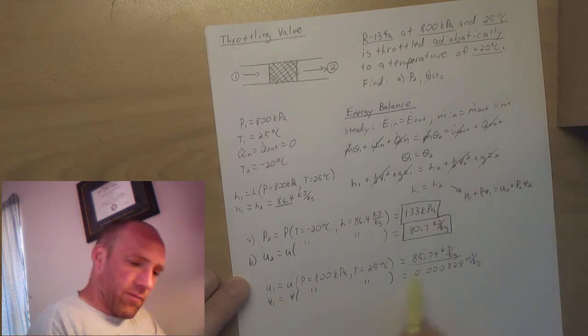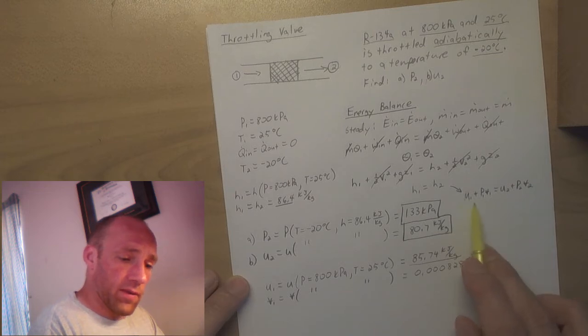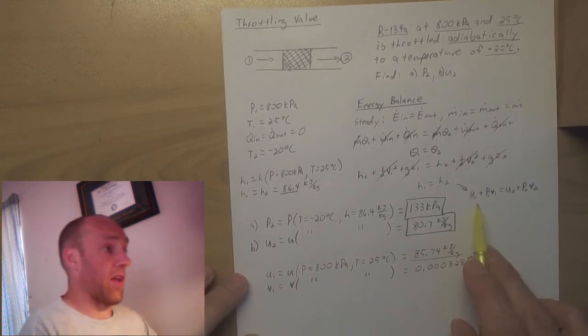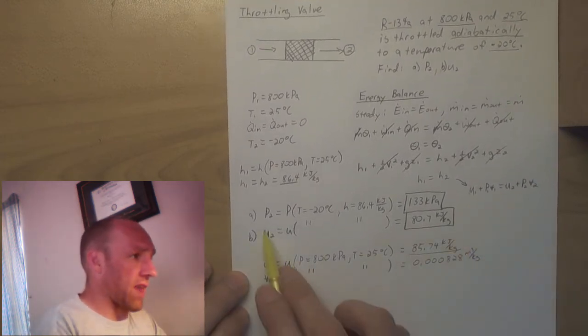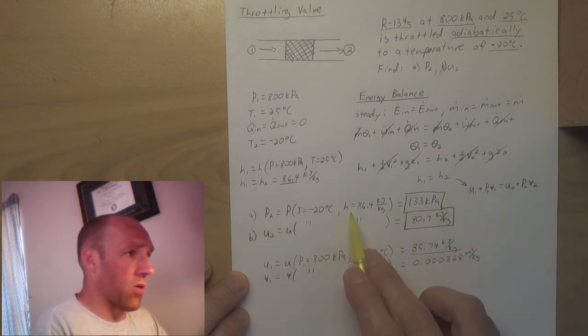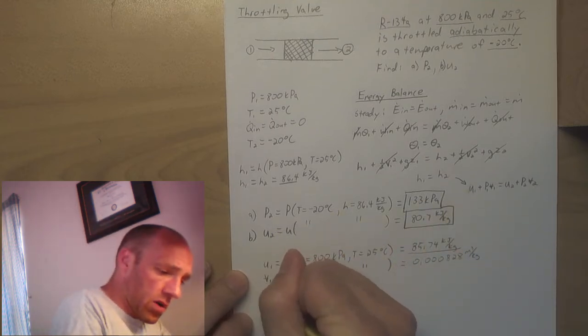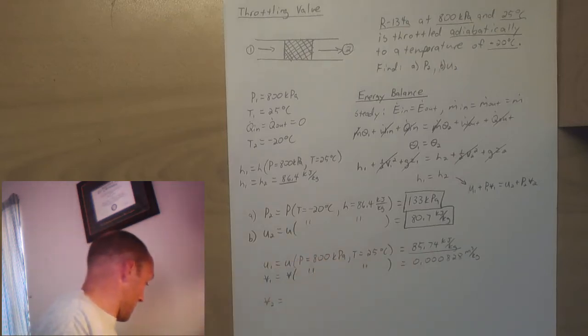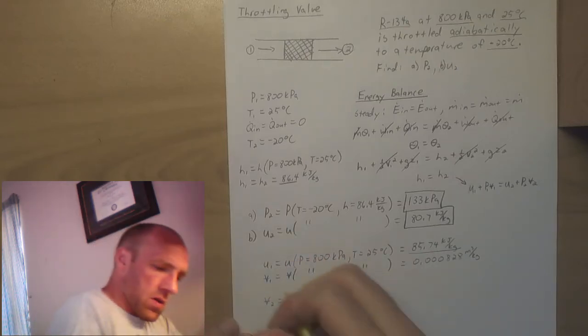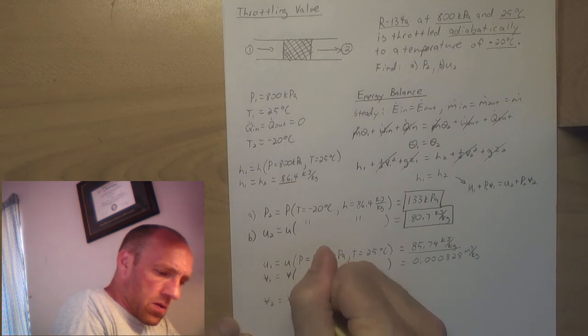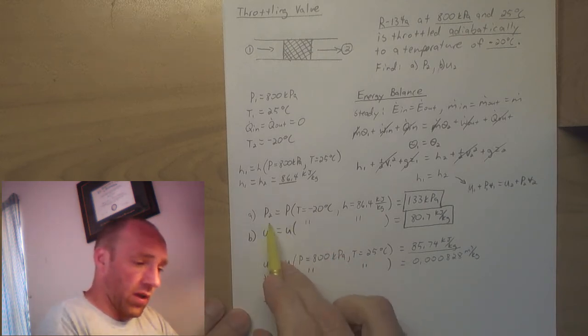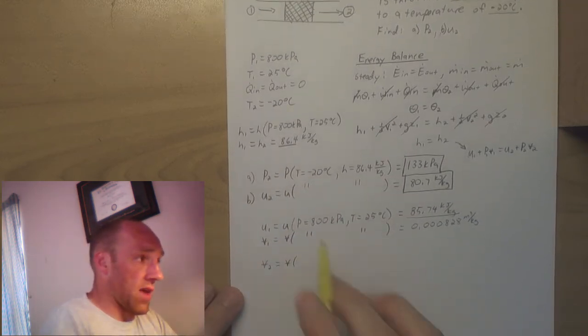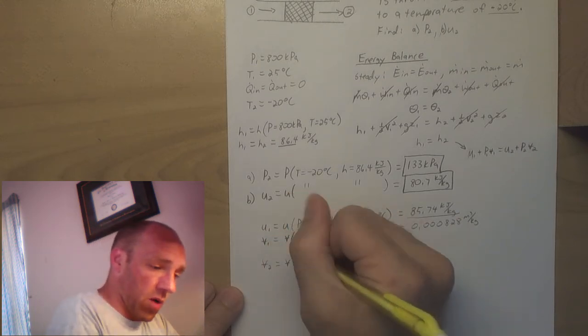So I've got everything I need to calculate this expansion of the enthalpy on the left-hand side. On the right-hand side, I have U2 and P2 already, so now I just need V2, the specific volume. And again, just like P2 and U2, I can use those same independent intrinsic properties.